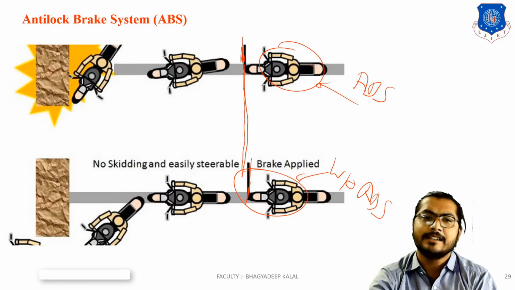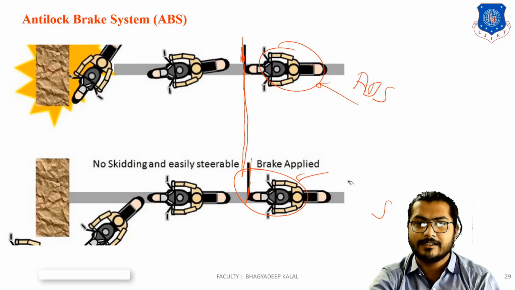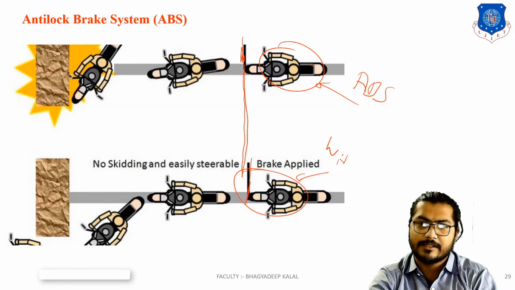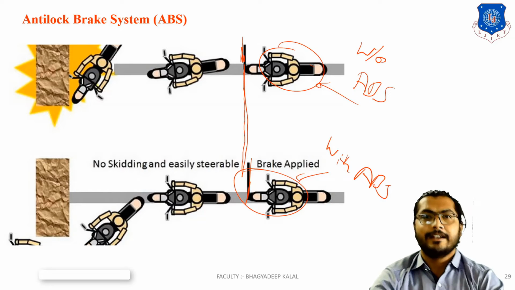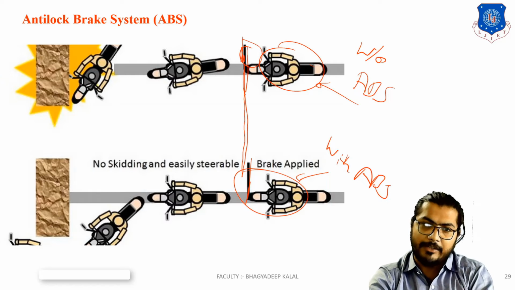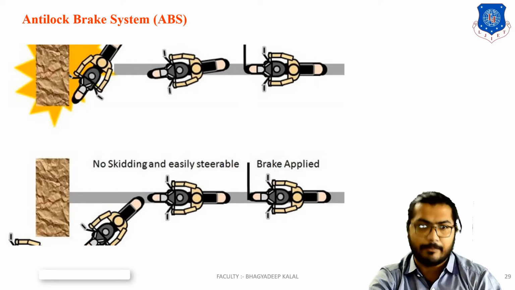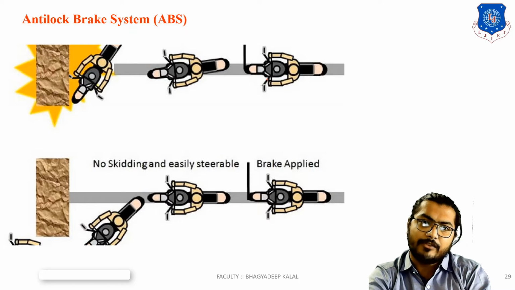Sorry, this one is with ABS and this one is without ABS. Both drivers apply the brake from here. If this driver's brake is applied, the vehicle will move forward and hit the obstacle, because the wheel is locked.